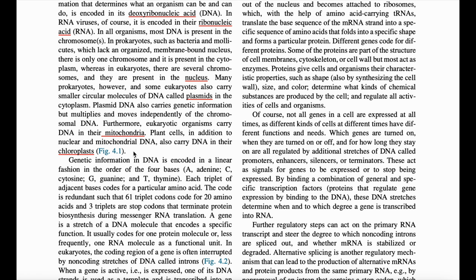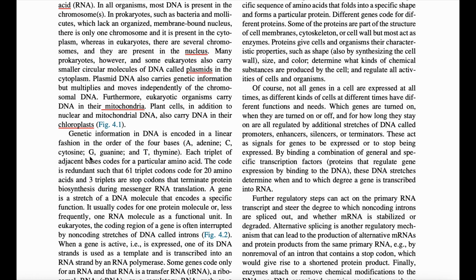So sometimes we get such questions that normally we see DNA in nucleus, but other than nucleus, what are the other cell organelles which possess DNA, right? So for eukaryotes we see DNA in mitochondria, and in plant cells it is also in chloroplast, right?